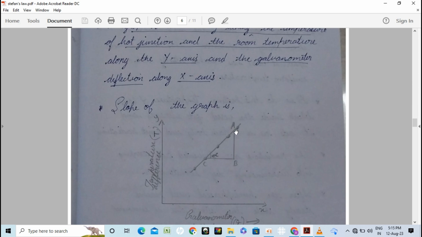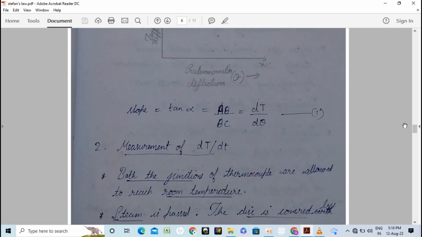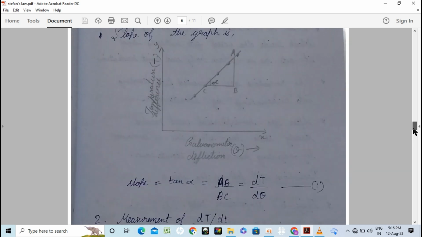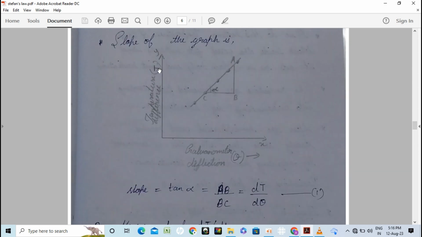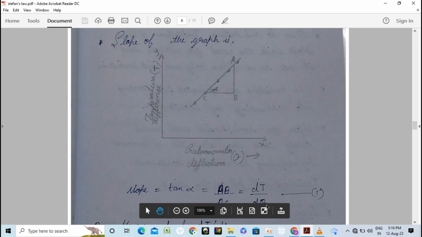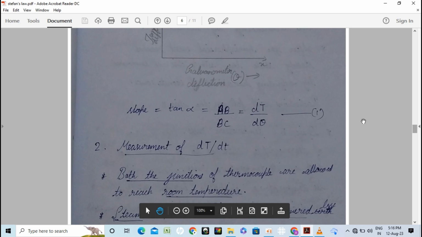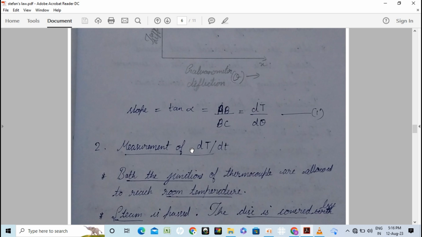Now we have to calculate the slope of this graph. Slope of this graph is tan alpha. It is equal to AB by BC. This is equal to dt, the temperature difference, by d theta, where theta is the galvanometer deflection. So tan alpha is equal to dt by d theta. This is the slope of our graph.